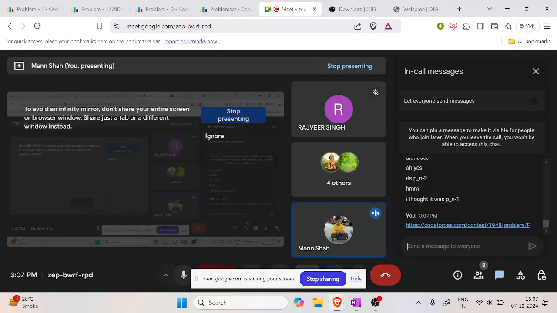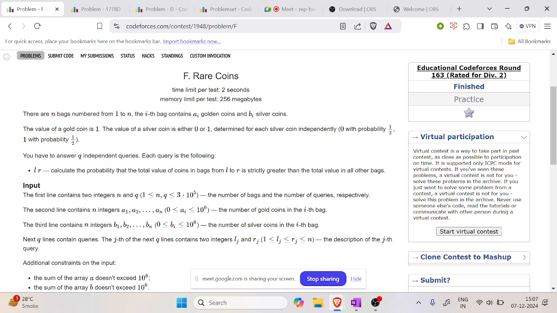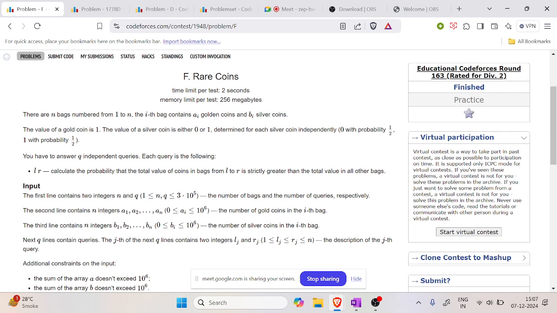For a gold coin, the value is determined, but for a silver coin, it is not determined, and for each silver coin, it will be 0 with probability half or 1 with probability half. You have to answer a few queries where in the ith query you need to calculate the probability that the total value of points in bags from L to R is strictly greater than the total value in all other bags.